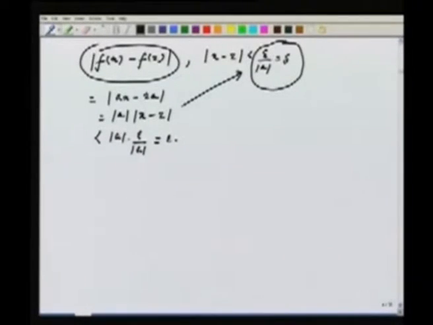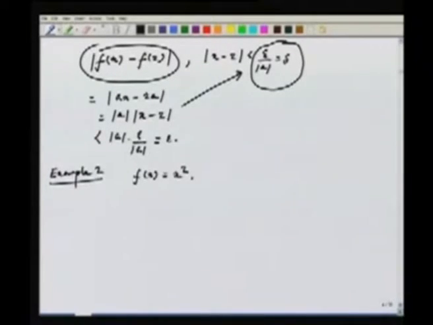Let's look at another example, which is slightly more complicated than this. Let us look at the function f(x) = x squared.